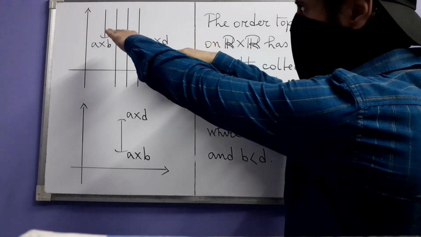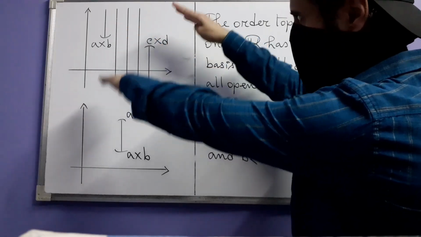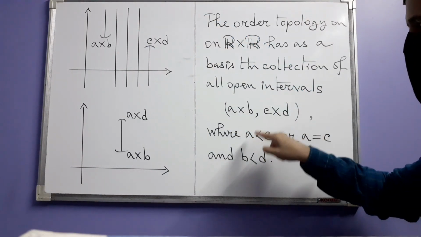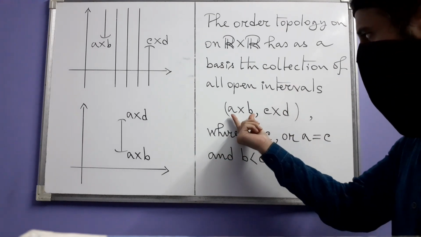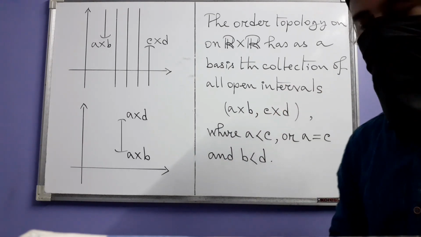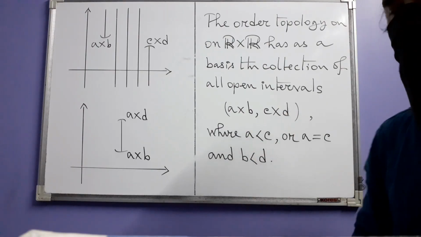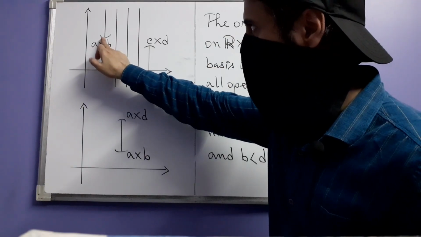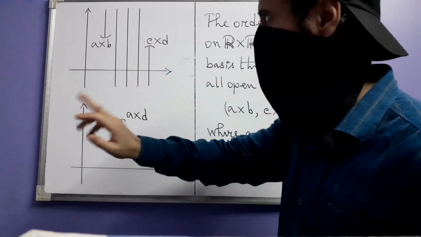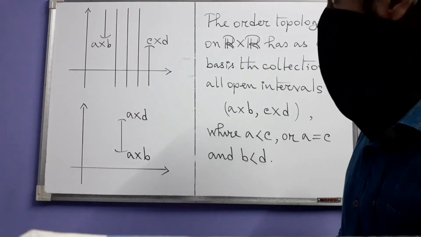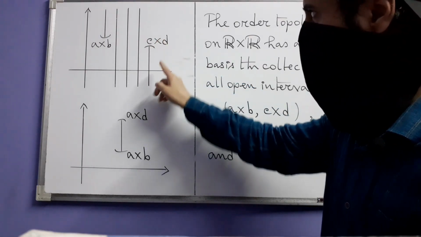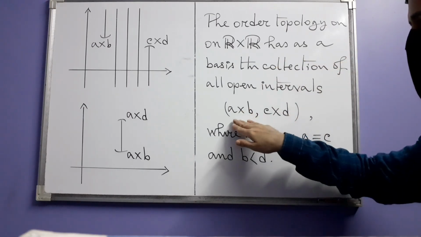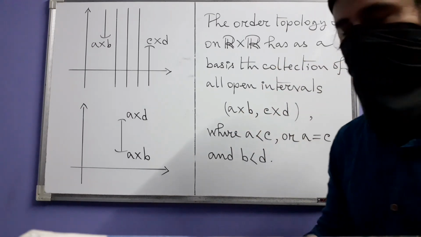Whether this one is below this one or above this one, that does not matter. Simply this itself tells us by the definition of dictionary order that A times B is less than C times D, regardless of what B and D are. So this is that point. The tip, meaning the bottom of that ray, and the top point of this ray is this C times D. They are themselves not points in this open interval because it's an open interval.